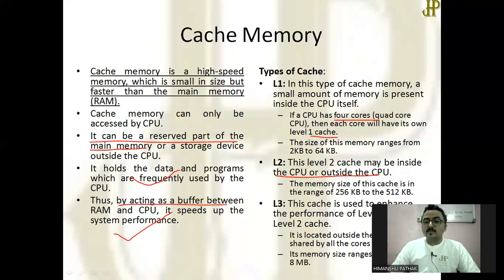The memory size of this cache ranges from 256 KB to 512 KB. And at last, the L3 cache is used, which is located outside of the CPU, but the size of the memory is 8 MB. Clear?